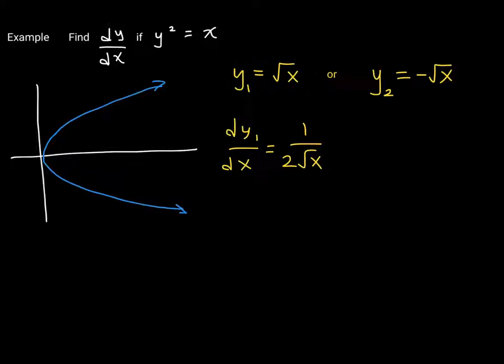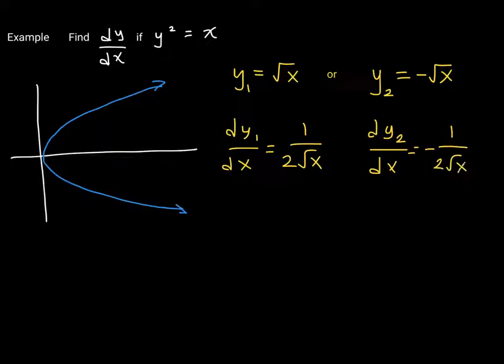I hope you feel comfortable with finding the derivative of the square root of x. You can use the power rule to do that. For this one, it would be a different derivative. So dy sub 2 dx would be equal to negative 1 over 2 root x.